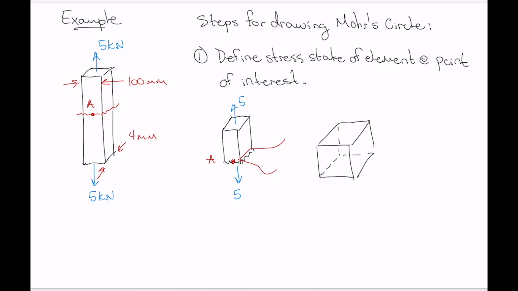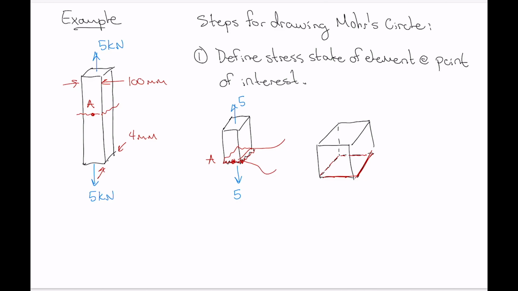Now, the face of this element that's in the section plane that I've cut, so the section plane is where I've actually cut through the object, that plane there. The face of the element that's in the section plane is the bottom face here, and the rest of the element goes up into the remainder of the free body diagram. So the stresses that I place are on that section plane.